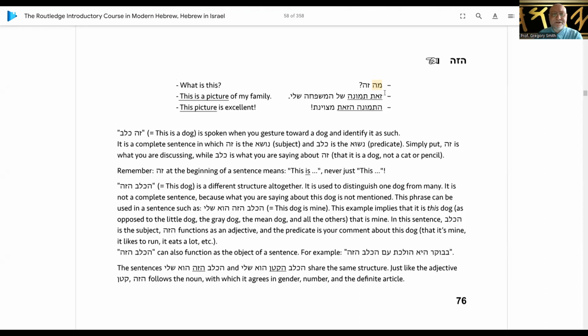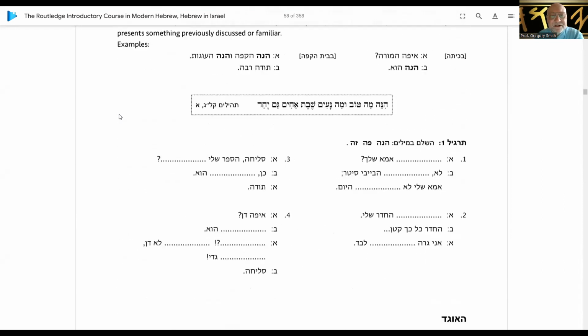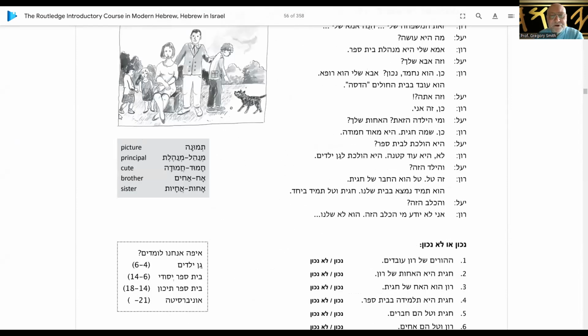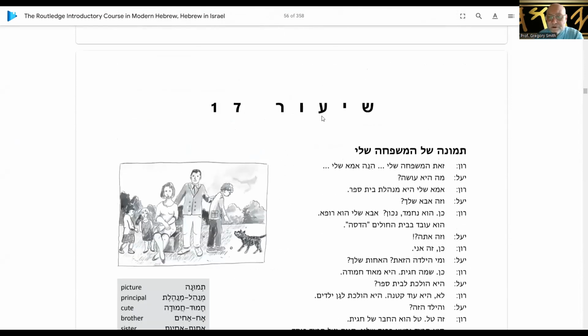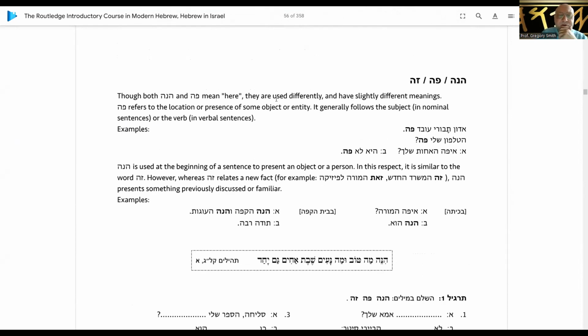The last lesson I did was lesson 17, which is the beginning of unit 2. We've been learning about the differences between hine, po, and zeh, and how they're used differently. This is the most important thing to remember in Hebrew. Certain words are used differently, whereas in English the same word has interchangeable usability, but not in Hebrew.